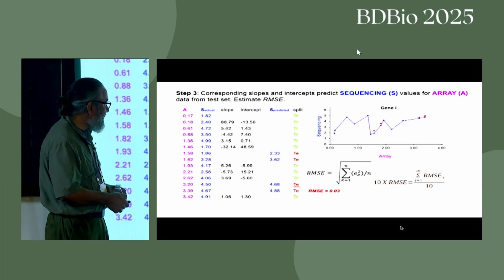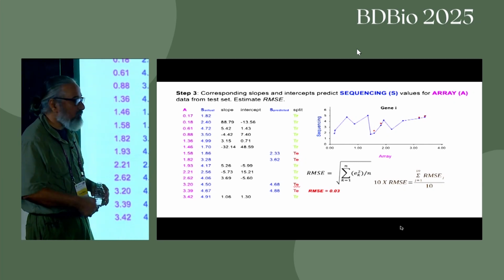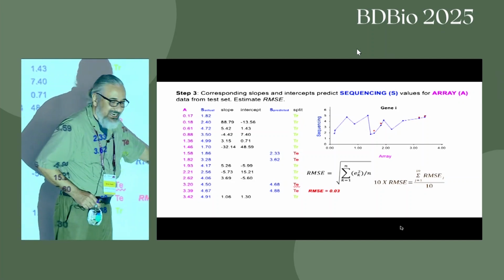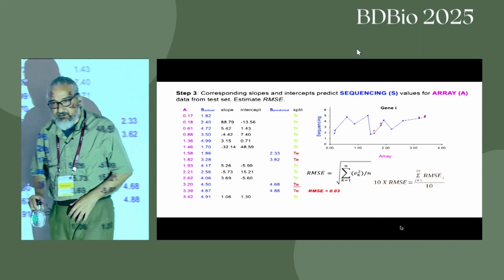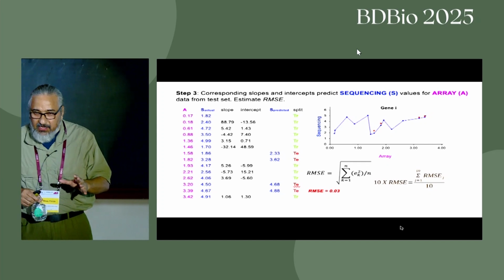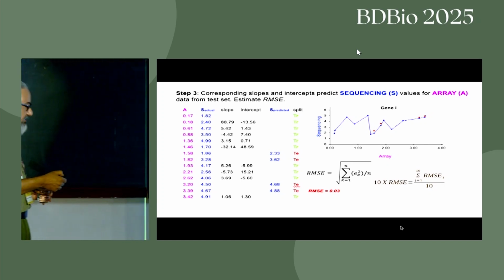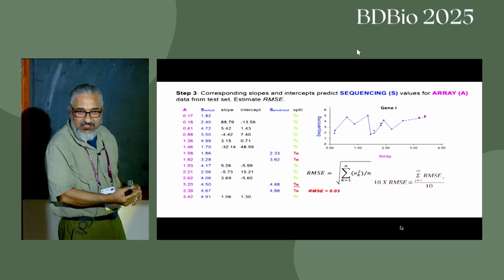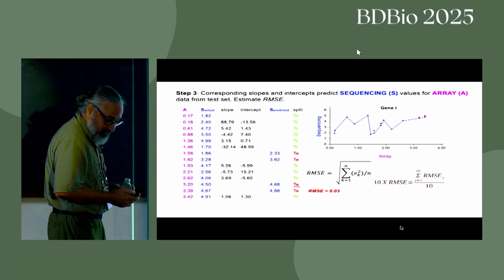Once we do that, we calculate the root mean square error. We do that 10 random times and take an average of the 10 random times. And therefore, we get a value of sequencing from array. You reverse that, you get array from sequencing. Now, it's simple, but it works.